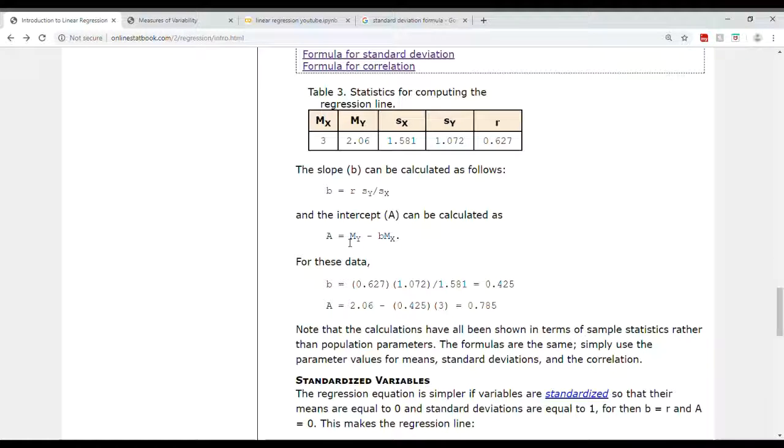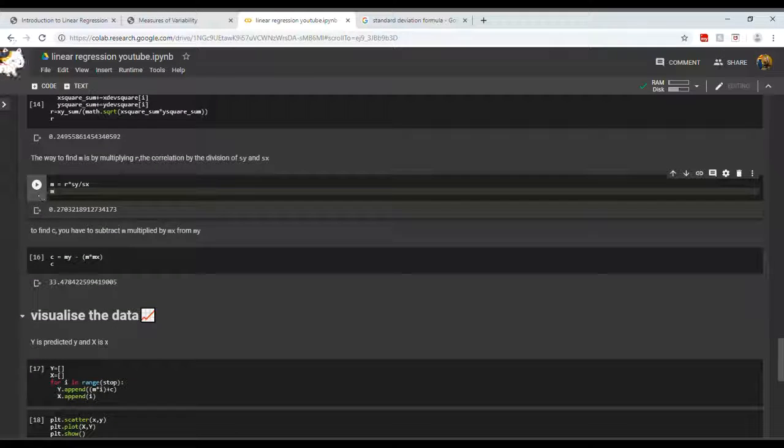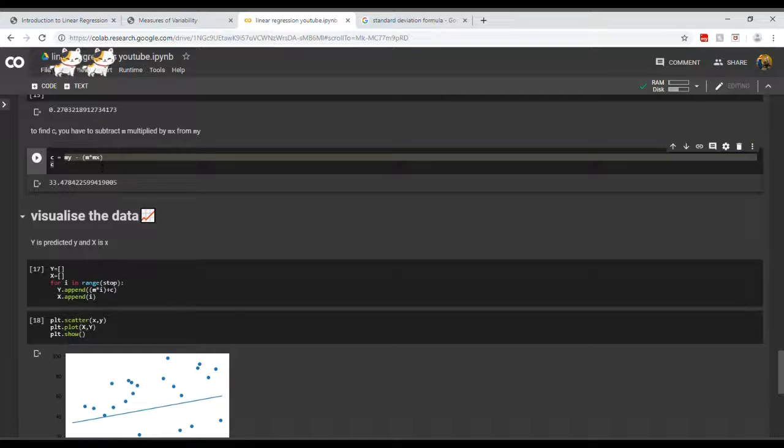And for this we have these values as well, the mean of y minus m into mx. You have to find M first. So, found M, I got it. C is my minus m into mx.